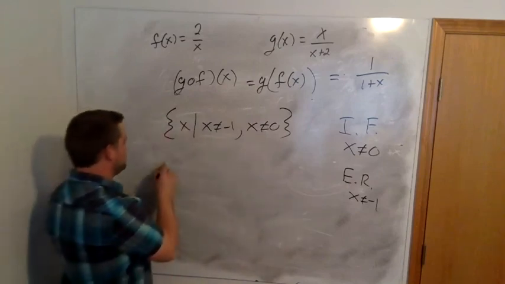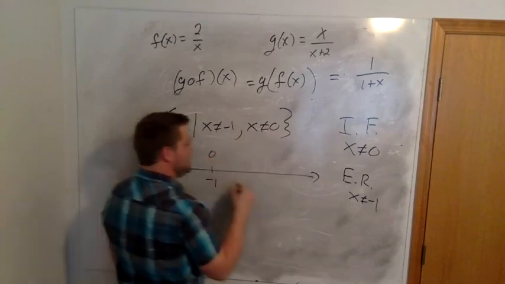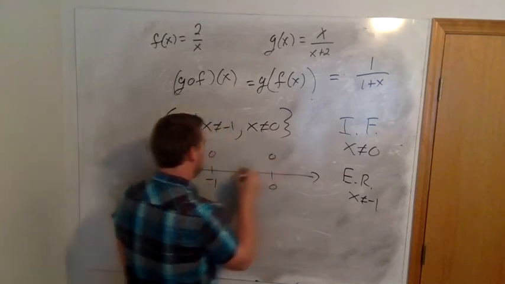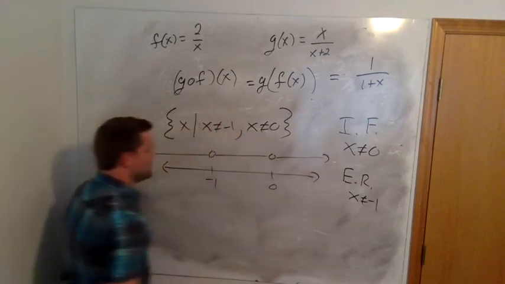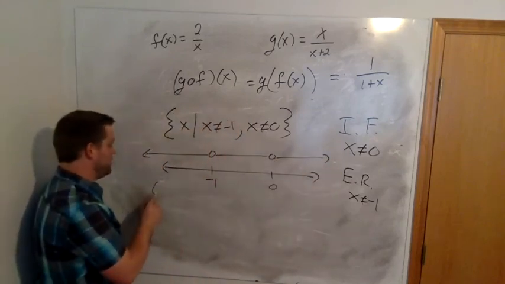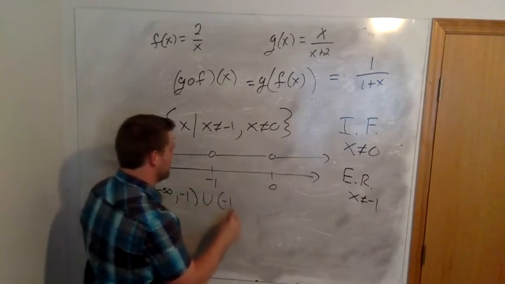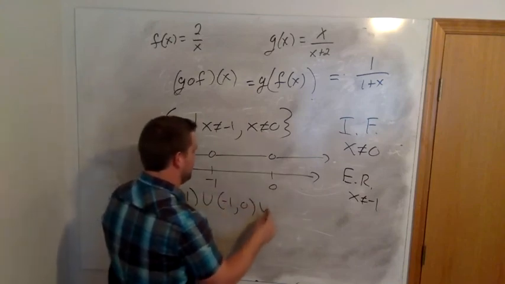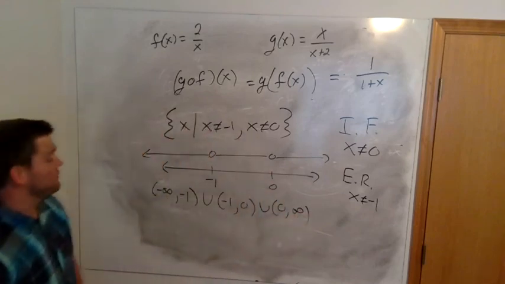If we want to write this on a number line, here's -1, here's 0. We can go from -infinity to -1, or from -1 to 0, or from 0 to infinity. Both of these get 100% credit.